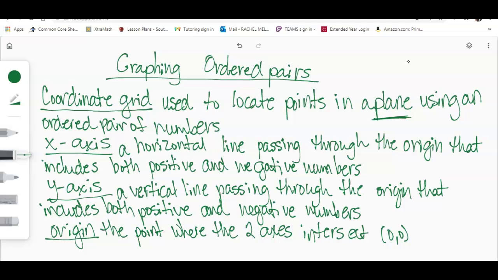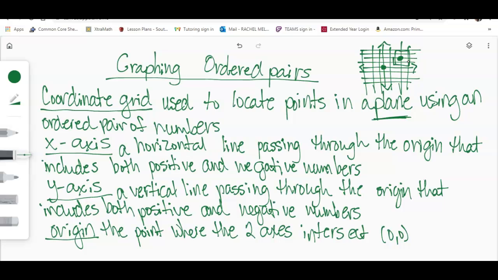So a coordinate grid is something like this, that has lines on it. If I have vertical and horizontal lines like this, I can start in the middle and count over and then up, and I can locate this particular dot in my plane using the coordinate grid.